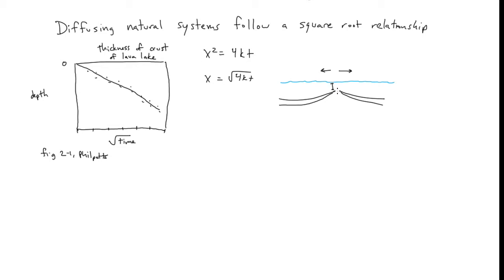At the ridge, where the rocks are hotter and less dense, the depth of the seafloor is shallower than it is further away, because of the cooling. And that relationship of ocean depth follows a very similar relationship with the square root of the age, in this case how old the ocean crust is. This would be like 100 kilometers or something like that.